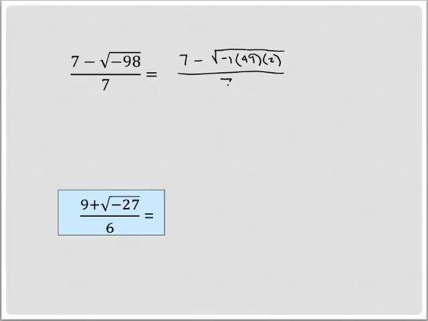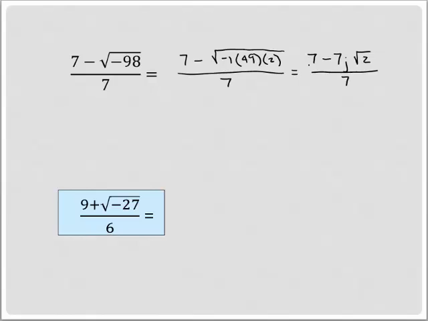And we'll carry that 7 underneath. So what we end up with is 7 minus, and we'll take that 49 out as 7j, and what we have left is the square root of 2, and that's all over 7.